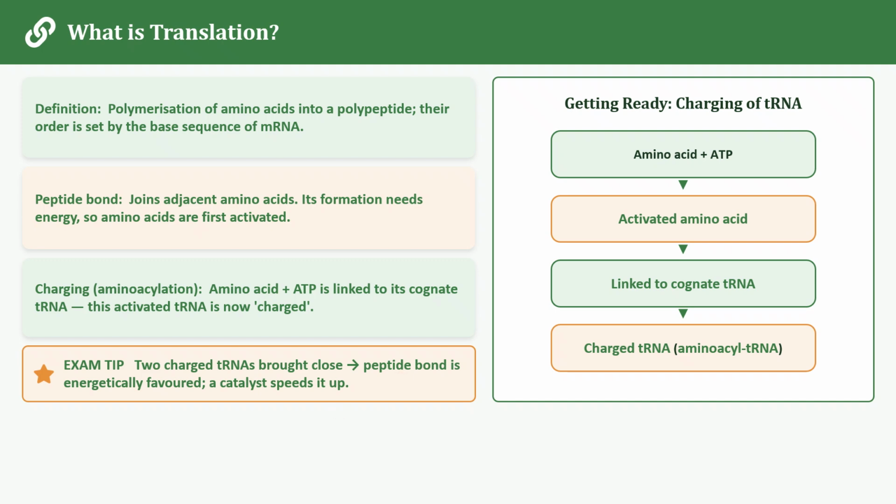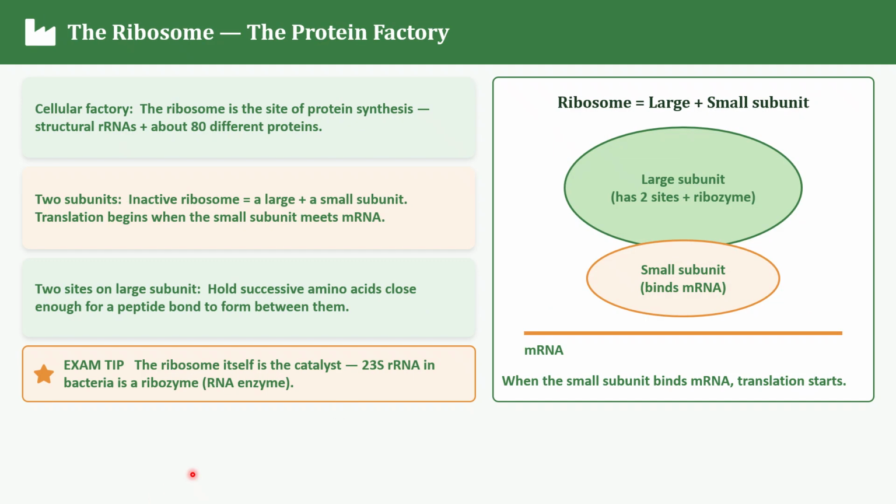Next, let us see the ribosome, the protein factory. Before going into this, we should understand the structure and function of the ribosome. Now we know that the amino acid has been activated and attached to the tRNA. And where does protein synthesis actually occur?